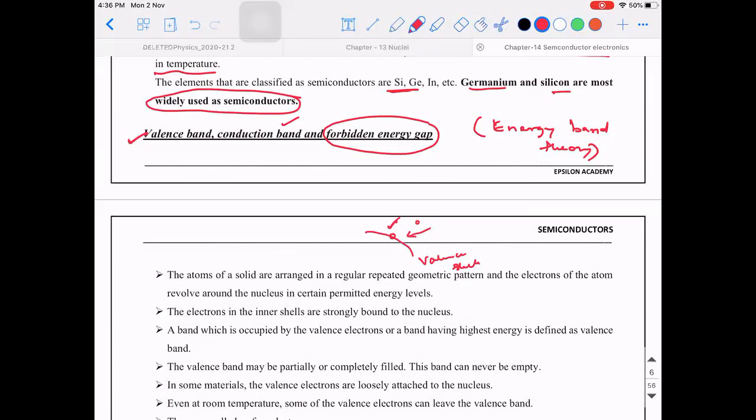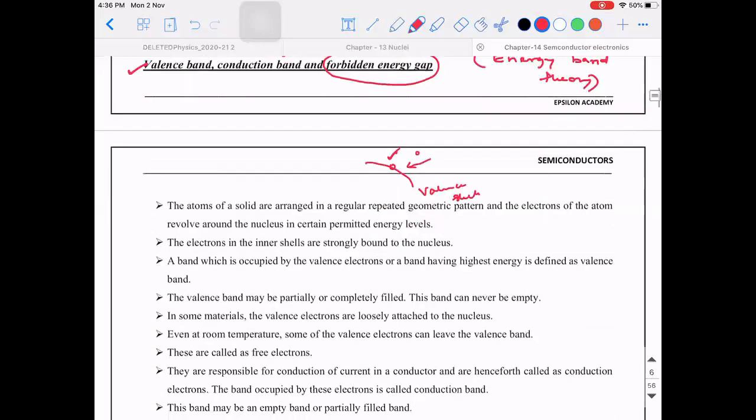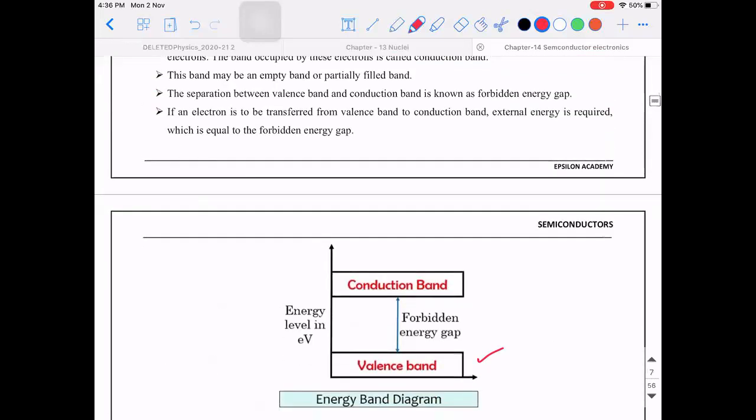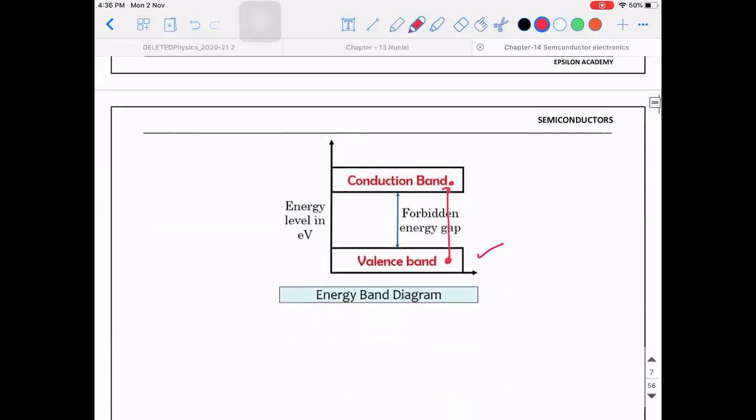When this kind of phenomenon happens, according to the energy band diagram, we can say that the electron which is present in this particular bracket has actually jumped into a bracket of conduction.